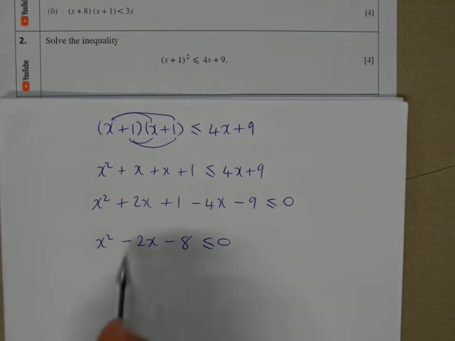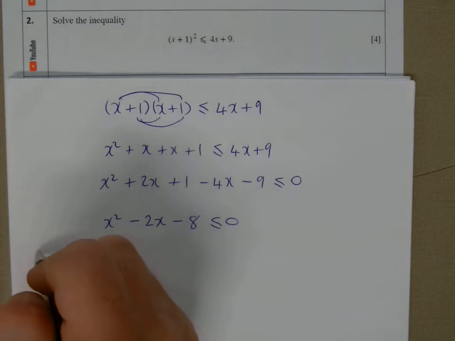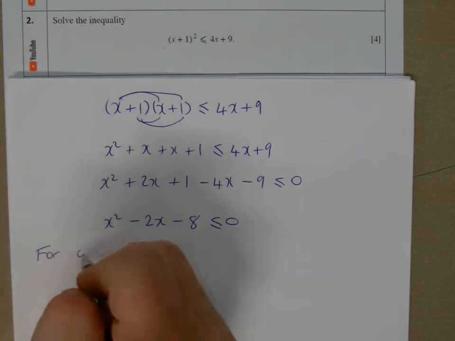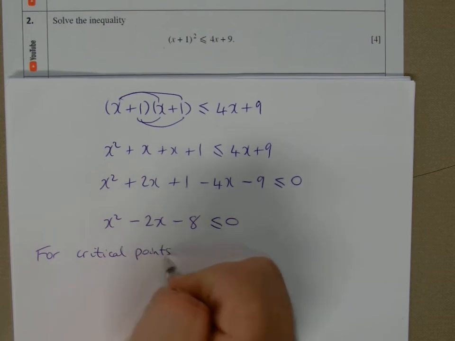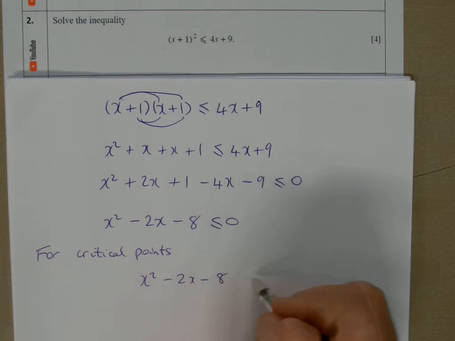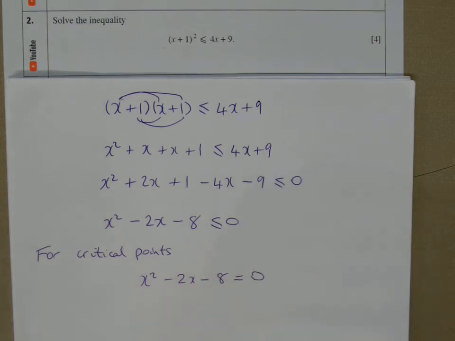To solve a quadratic inequality, if you remember, for critical points we look at what happens when this quadratic is actually equal to 0. We want the range of solutions where it's less than or equal to 0, but we focus to start with on when it is actually equal to 0 for these critical points.